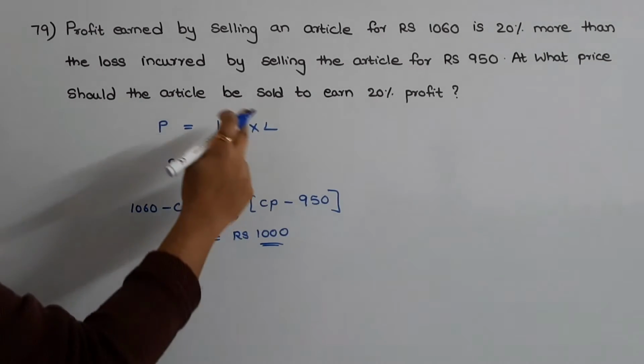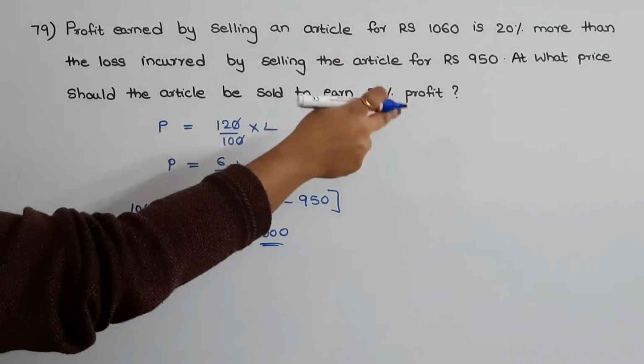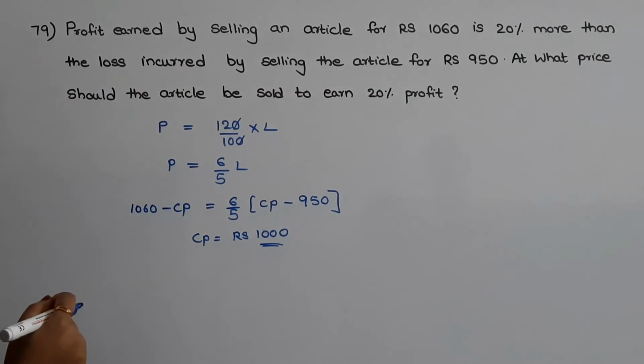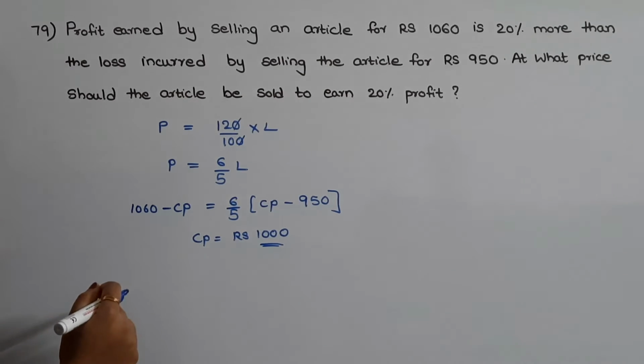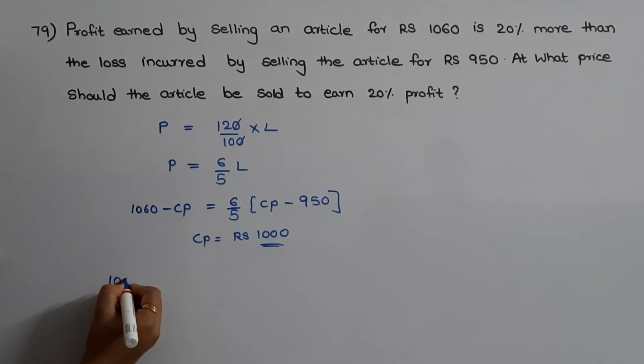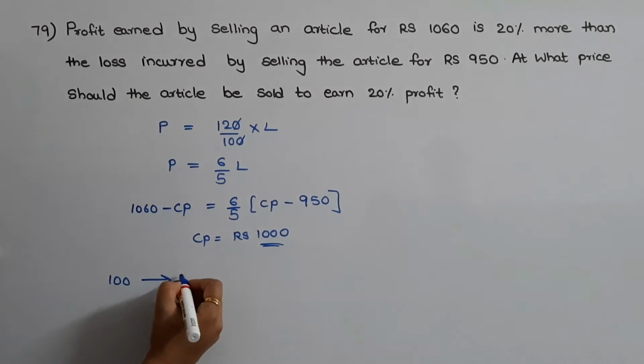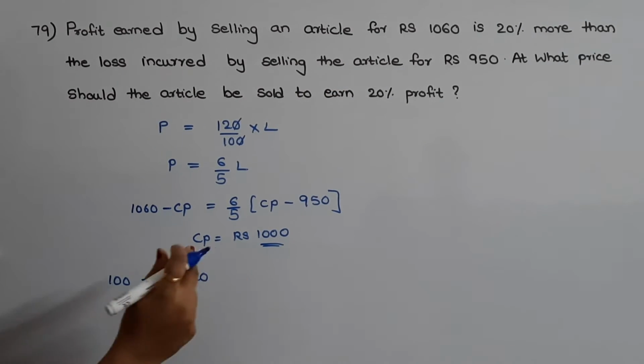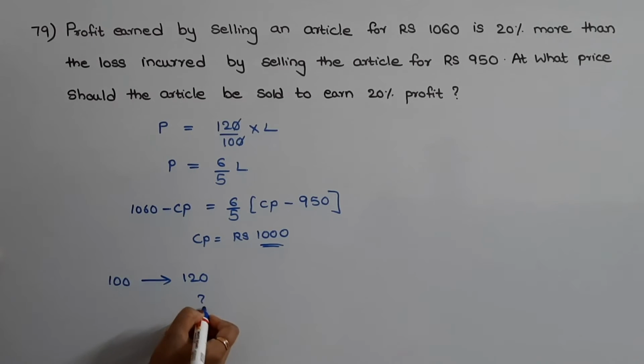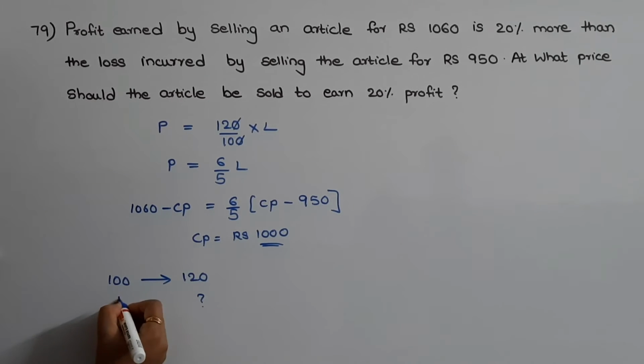So we need to find out the selling price when the profit is 20%. Profit is 20% means when cost price is 100, selling price will be equal to 100 plus 20, that is 120. We need to find out the selling price when the cost price is 1000.